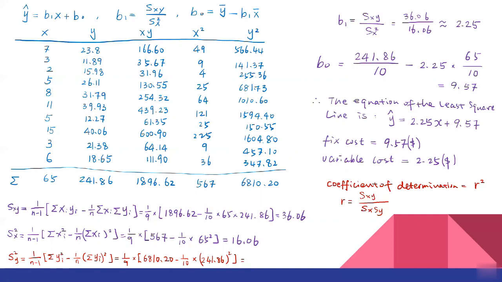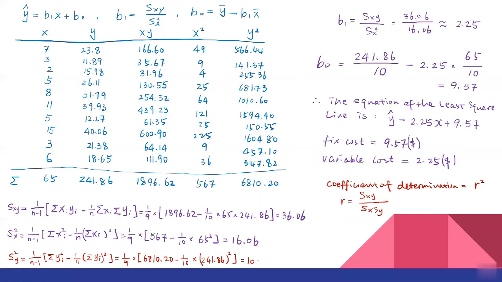This gives us 106.73. And then we plug these three values into this formula. Then we can get the coefficient of determination.